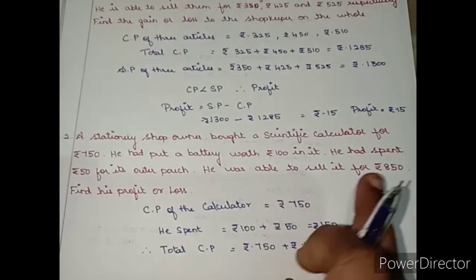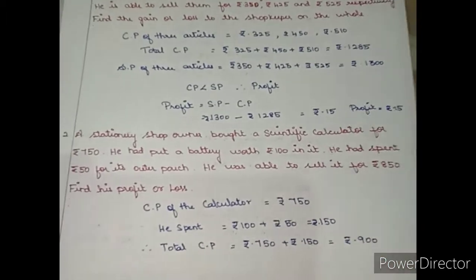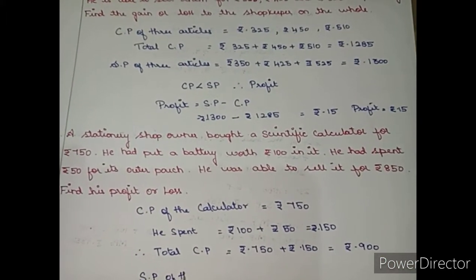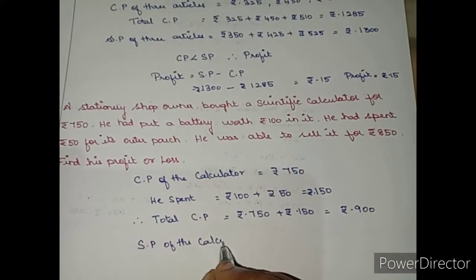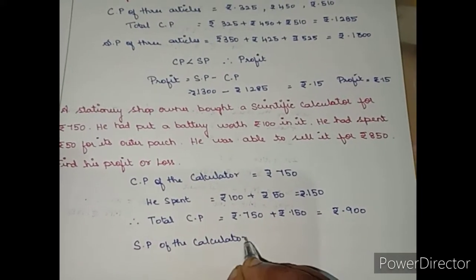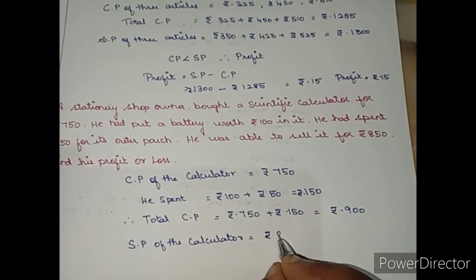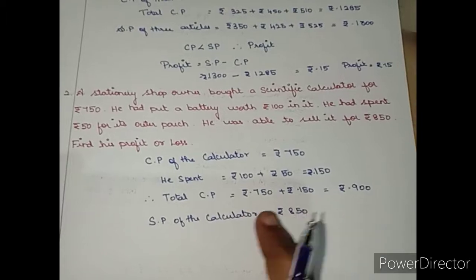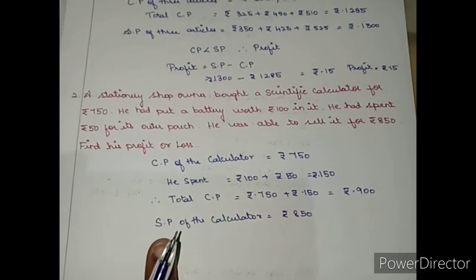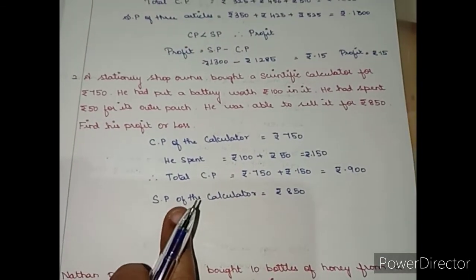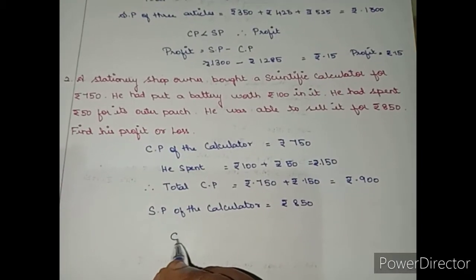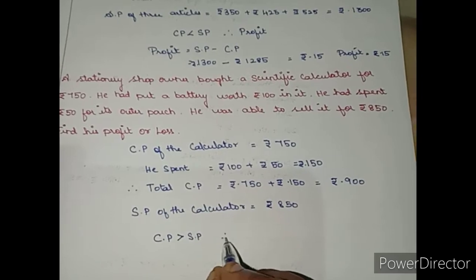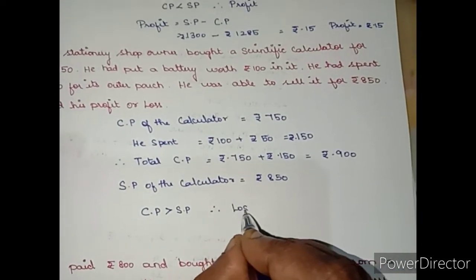So for how much has he sold it? SP of the calculator is equal to rupees 850. Now we should compare the CP and SP. Here SP is less and CP is more. So CP is more than SP. Therefore it is a loss.